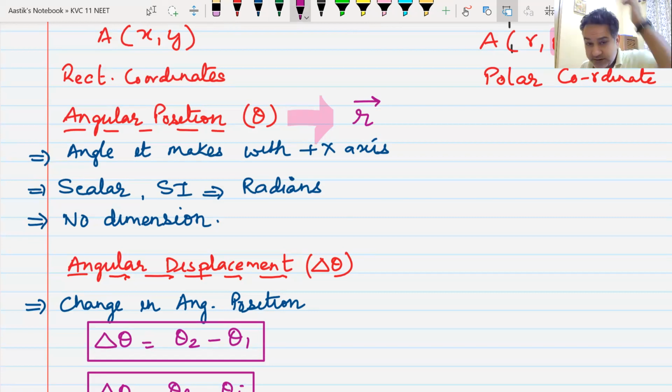This angular displacement is the change in angular position. This is exactly same as what? Angular position is same as position vector. Then what is angular displacement same as? Angular displacement is change in angular position. So what is this same as? It is same as the displacement vector.